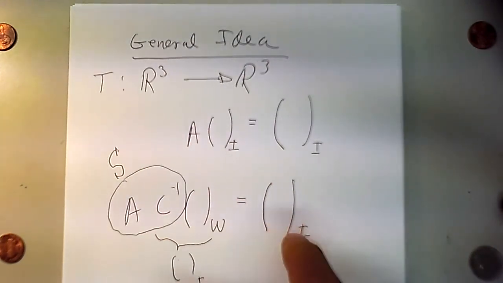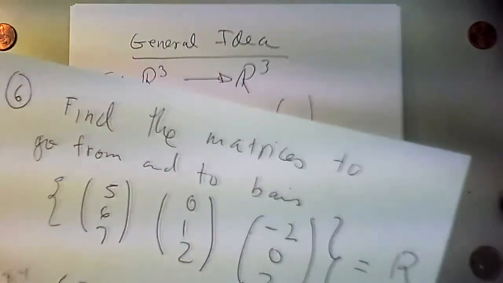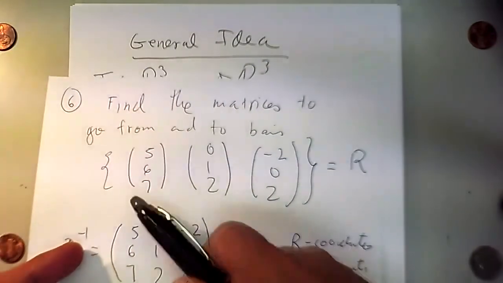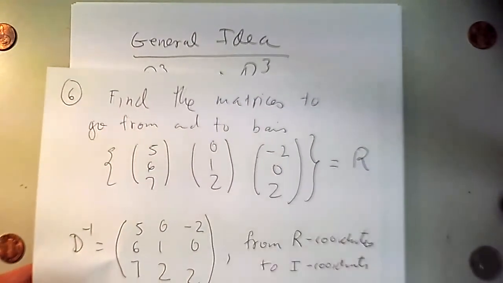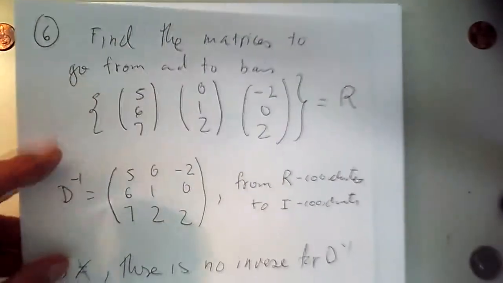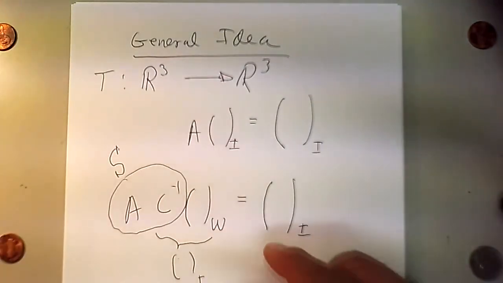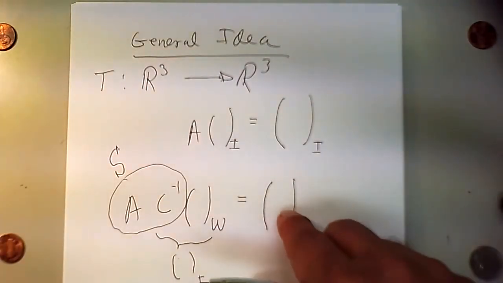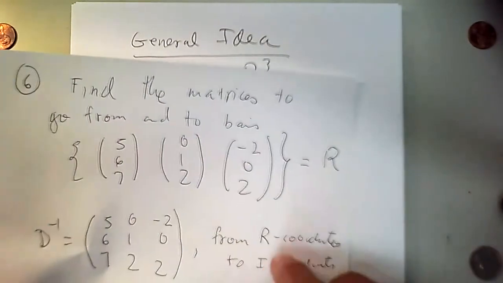Okay, a new matrix. And this matrix takes vectors in weird coordinates, applies the transformation, and puts it into regular coordinates. Now, it's a bummer that example 6 failed because this is not a basis. Let's pretend for a moment that that was a basis, and let's pretend for a moment we wanted to change the answer into these weird coordinates.